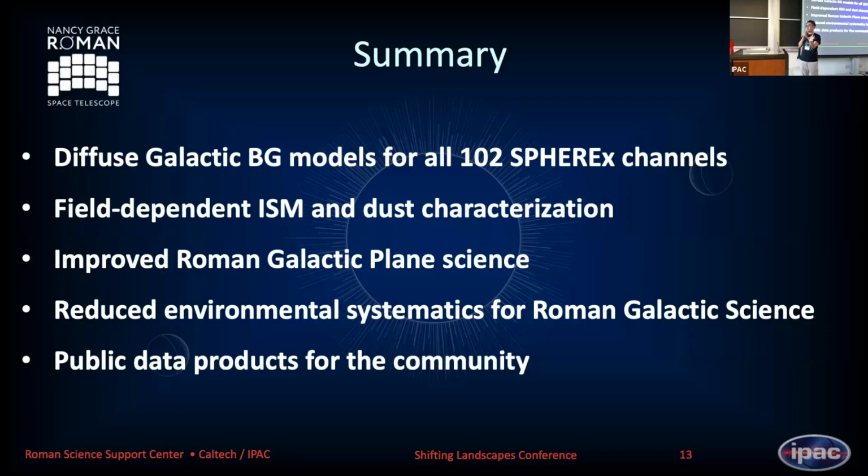If you combine those channels, you can go deeper, so I would say maybe down to 17-ish. With the Data Release 1 it will get a little deeper, and by the end of the SPHEREx survey you will have a little better depth and sensitivity. So it's not Roman level, but it is getting better.